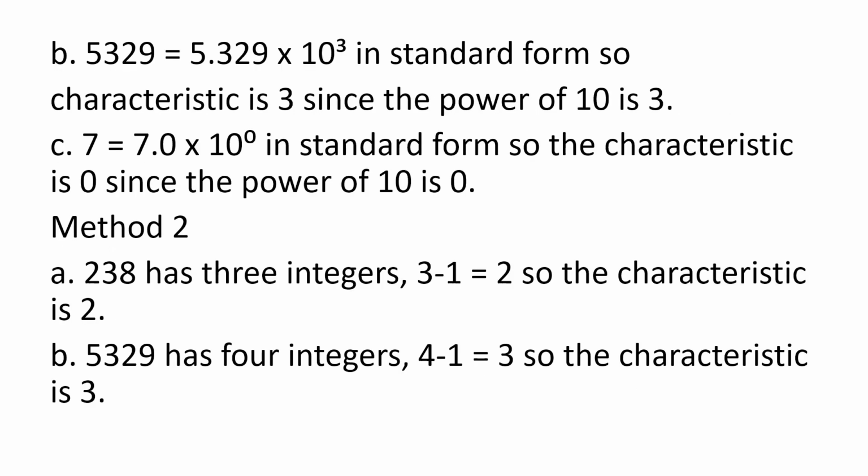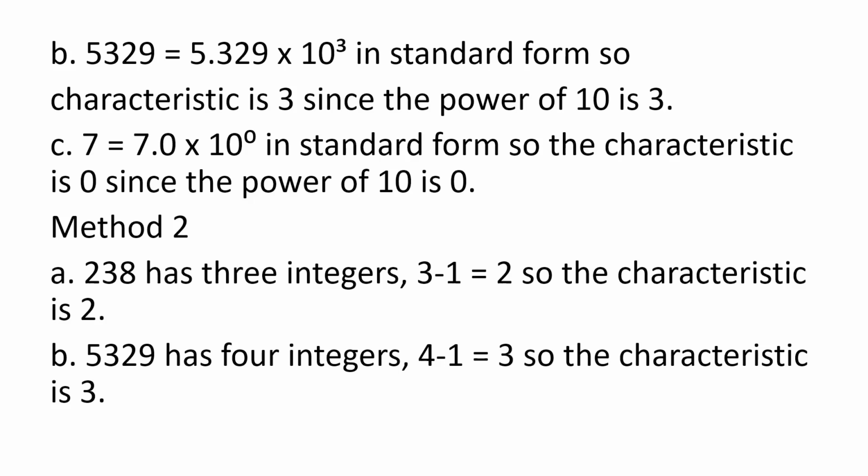B. 5329 equals 5.329 times 10 raised to the power 3 in standard form, so the characteristic is 3 since the power of 10 is 3. C. 7 is equal to 7.0 times 10 raised to power 0 in standard form, so the characteristic is 0 since the power of 10 is 0.